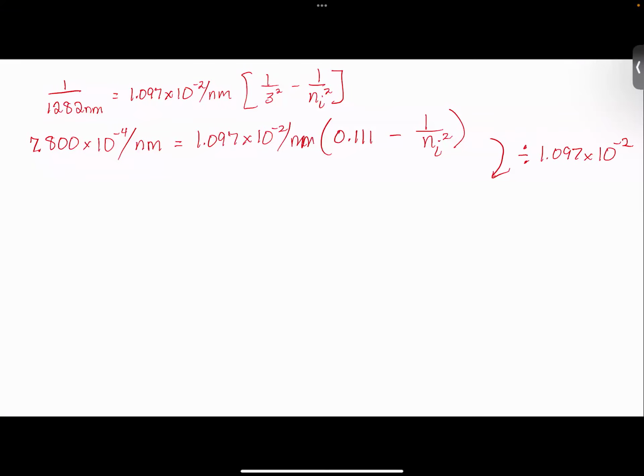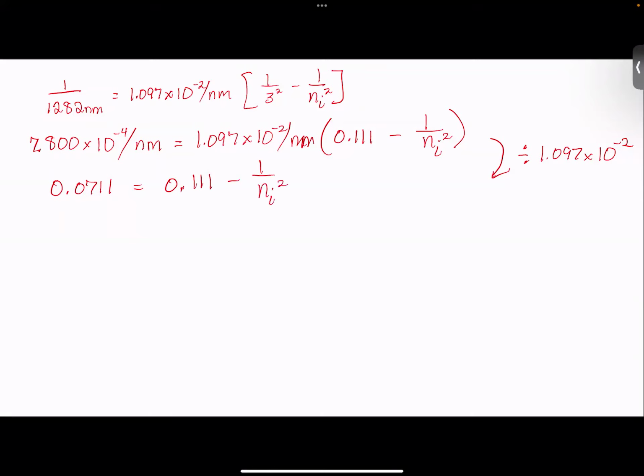So 7.800 times 10 to the minus 4 divided by 1.097 times 10 to the minus 2 gives us a value of 0.0711. That is equal to 0.111 minus 1 over N sub I squared.